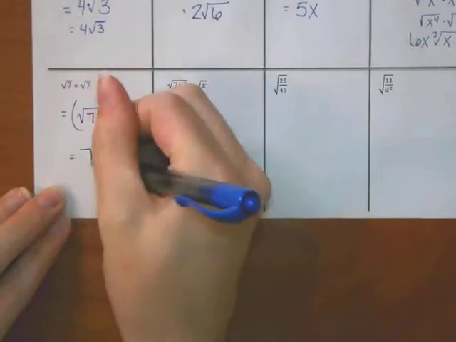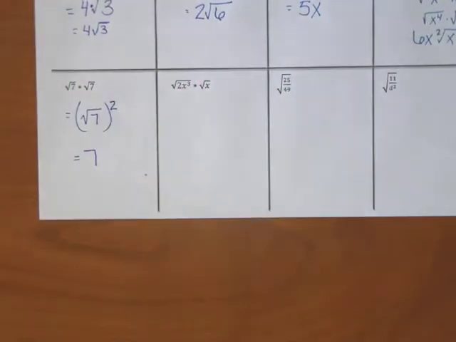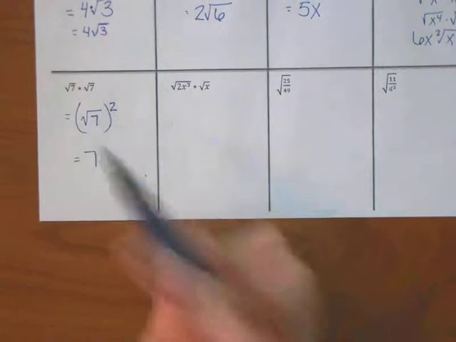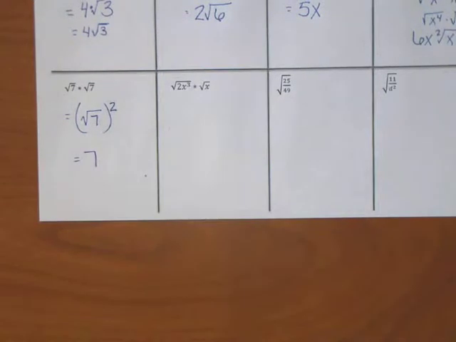So this is just 7. Are we okay with that? No. Okay. So what if this was, let's say this is 9 instead of 7. What's the square root of 9? What's 3 squared? 9. Which is what I put in.